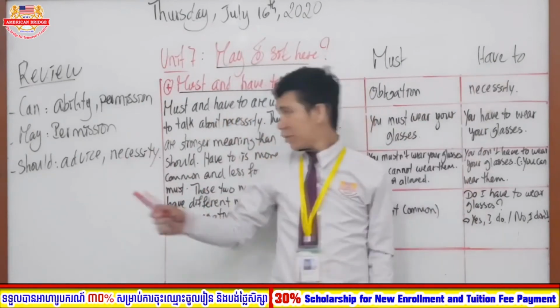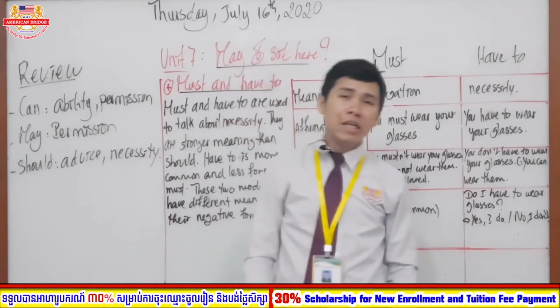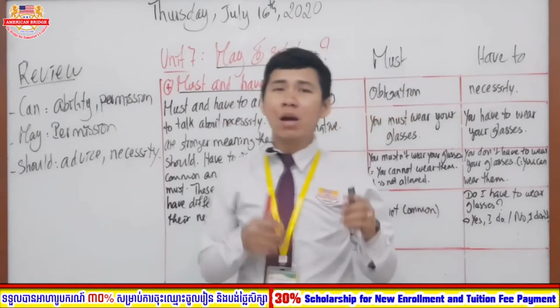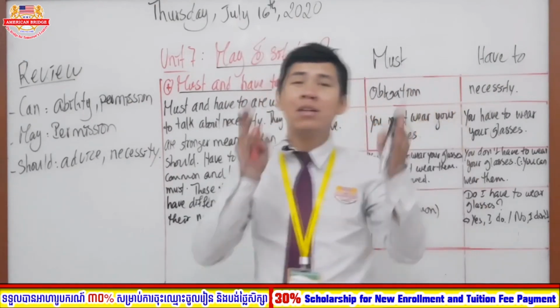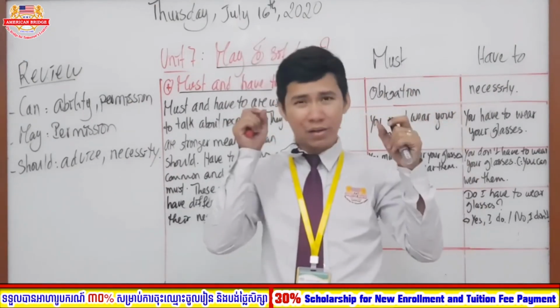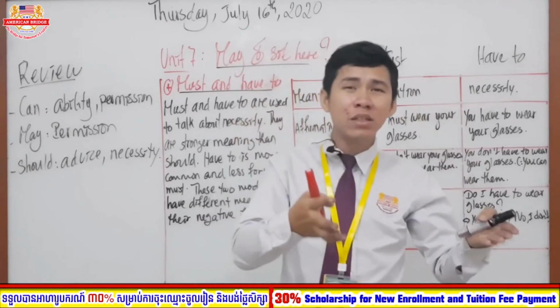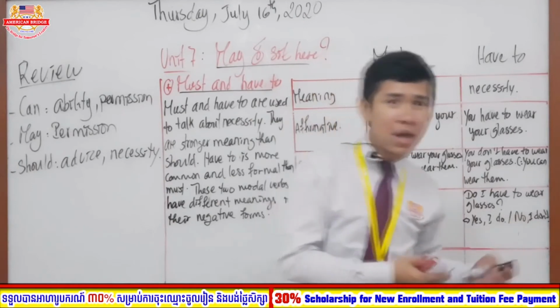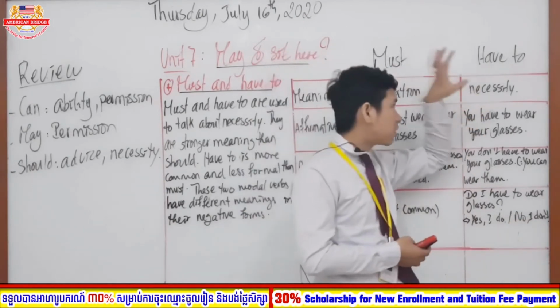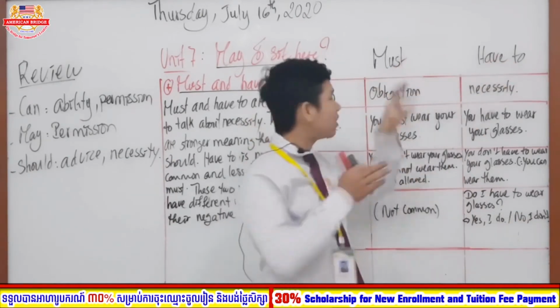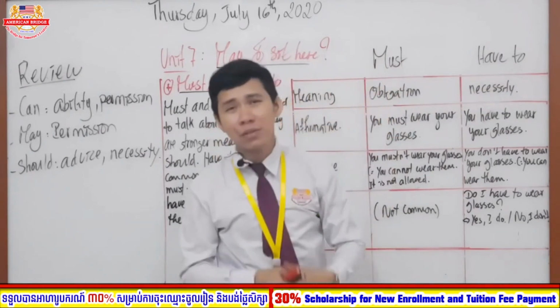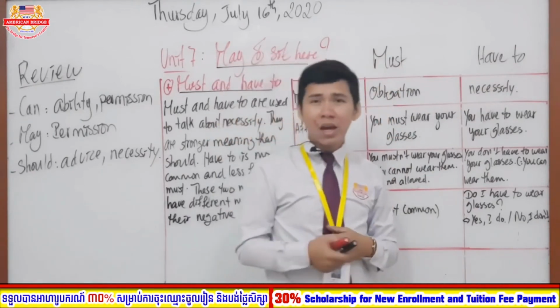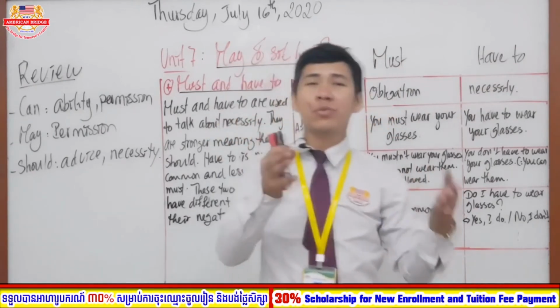Have to and should both talk about necessity. Remember that should is necessity, but it is an opinion, an idea, advice you give to someone else. For example, you should try to study hard.